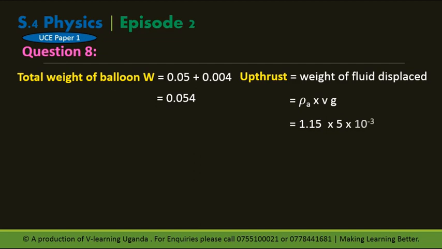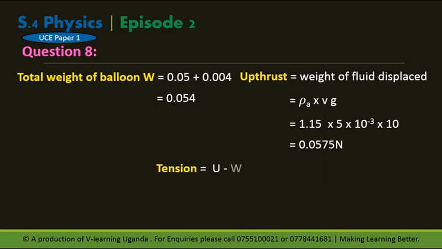We multiply that by the density of air to give the mass, and then multiply by 10 to give the weight, and the answer we get there is 0.0575 newtons.